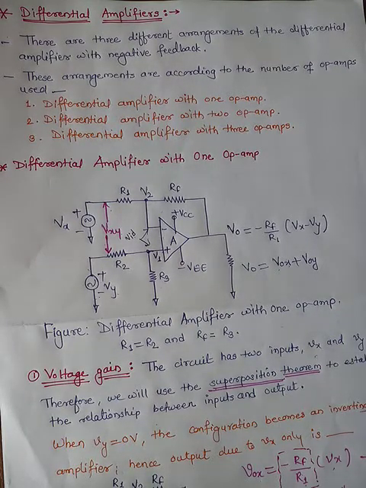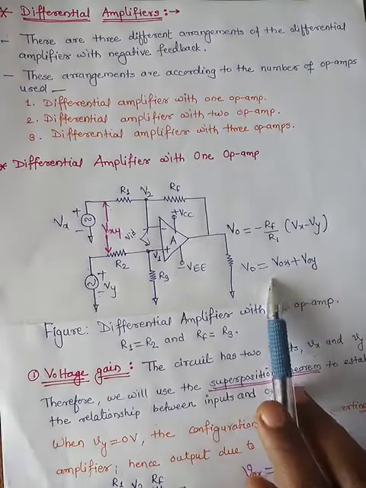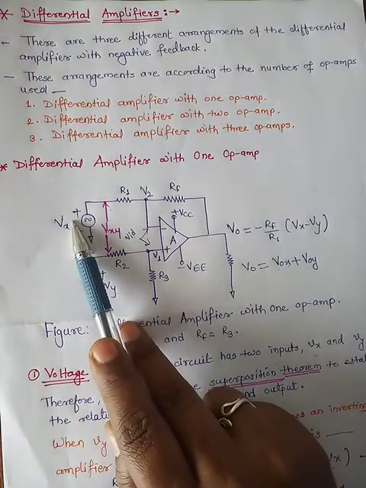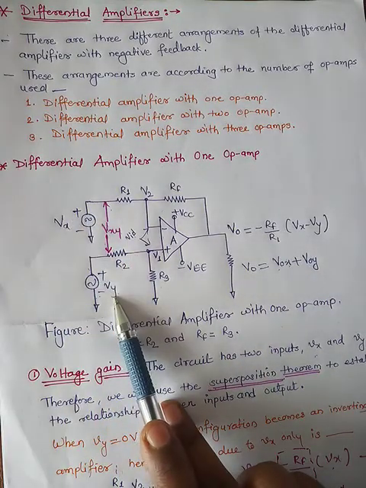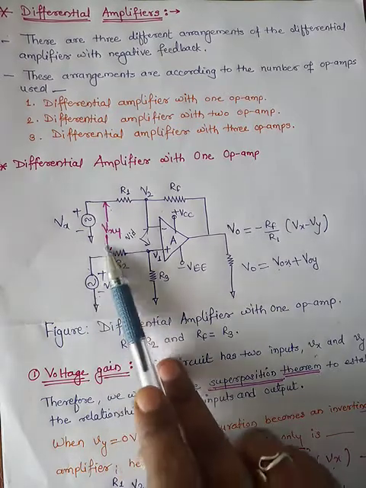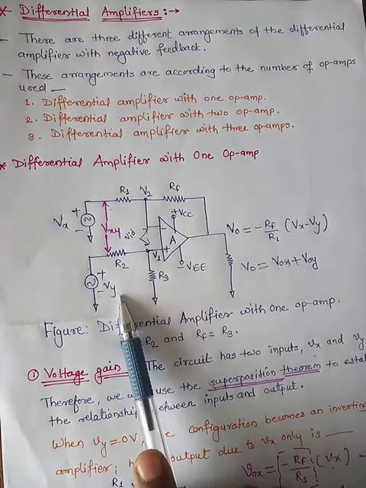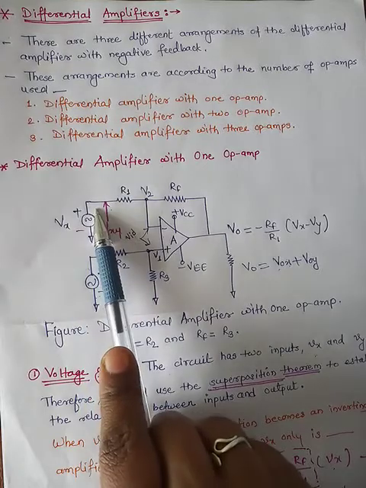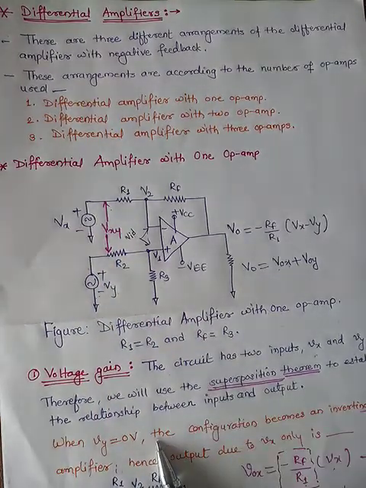First find the output because of one source with the other source equal to 0, and then find the output because of the other source with the first source equal to 0. Let's see the output voltage respectively.